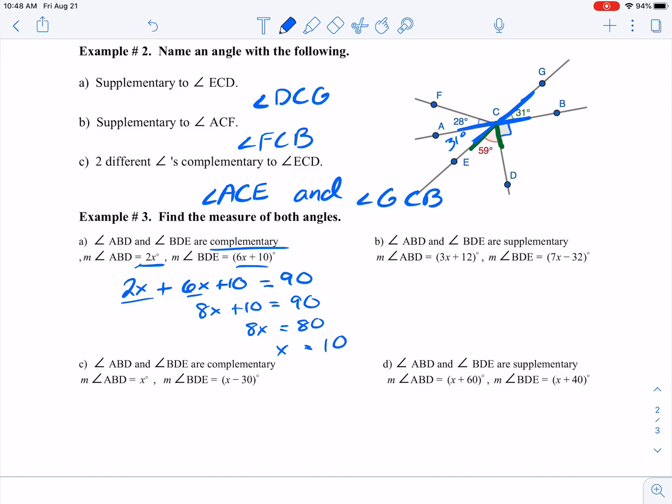We're not done. It says find the measure of each angle, so we have to plug that in. 2 times 10 gets us 20 degrees, and then what plus 20 gets us 90? That would be 70.